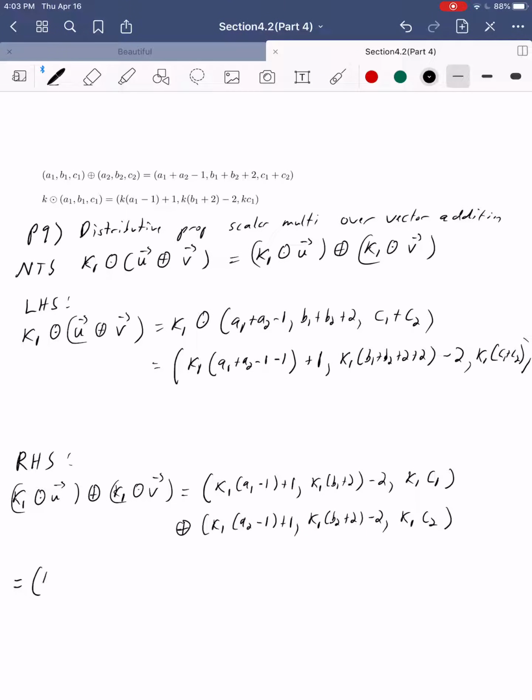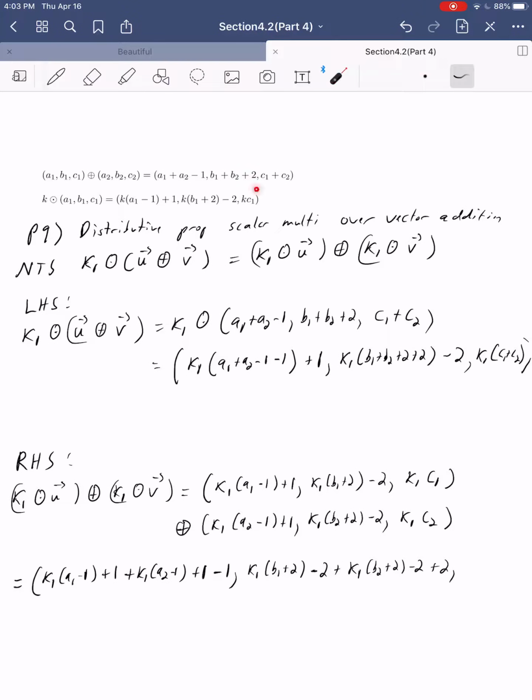So K1 A1 minus 1 plus 1 plus K1 A2 minus 1 plus 1 minus 1. We'd add these two and then add 2. So it'd be K1 B1 plus 2 minus 2 plus K1 B2 plus 2 minus 2 plus 2. And then, according to this, we just add these guys directly. So K1 C1 plus K1 C2.